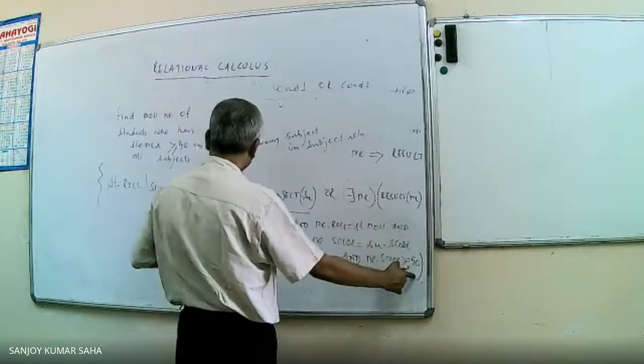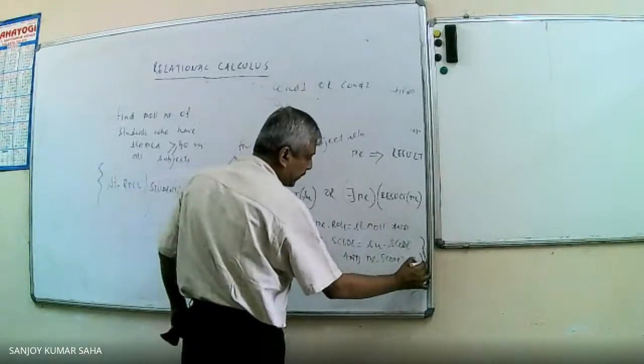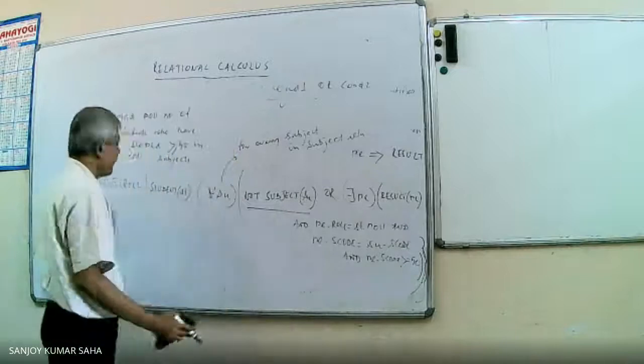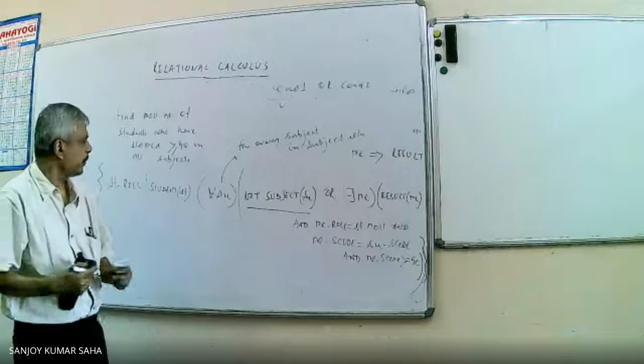So this one is closed, this one is closed. Finally, the closing curly braces. See, curly braces, because we are talking about the set of tuples.